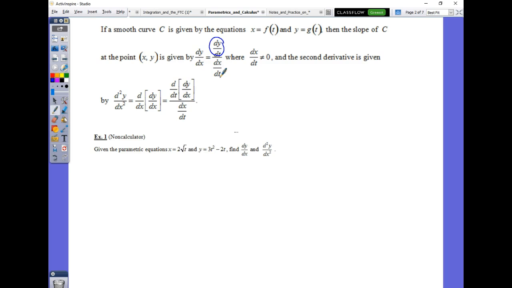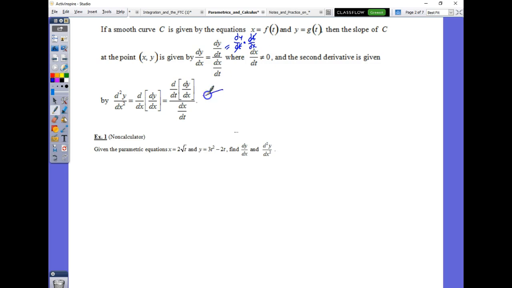And if you don't think that will give me dy/dx, I could actually rewrite this as dy/dt times, if I divide by a fraction, I can multiply by dt, and what's going to happen? What do we get? dy/dx. So you can see that having that relationship of dy/dt to dx/dt can give me a dy/dx.